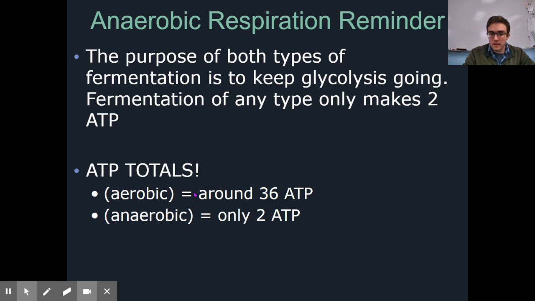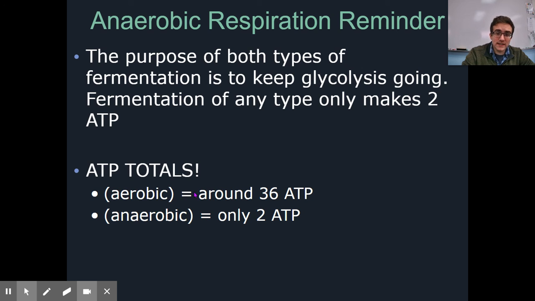So remember, the purpose of both types of fermentation is to keep glycolysis going. As long as there's a sugar, glucose, fructose, it will just keep going. But for our ATP totals, remember that anaerobic respiration, fermentation, only produces 2 ATP, whereas aerobic respiration produces 36.